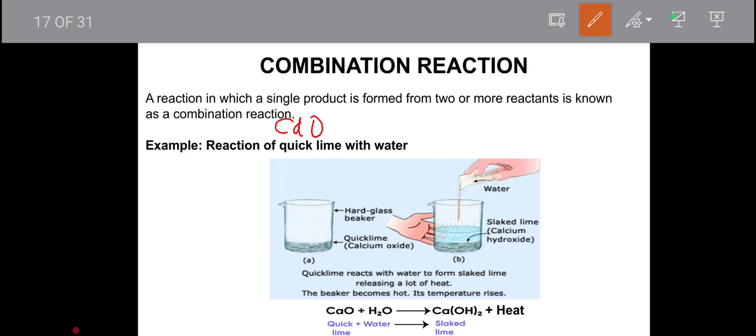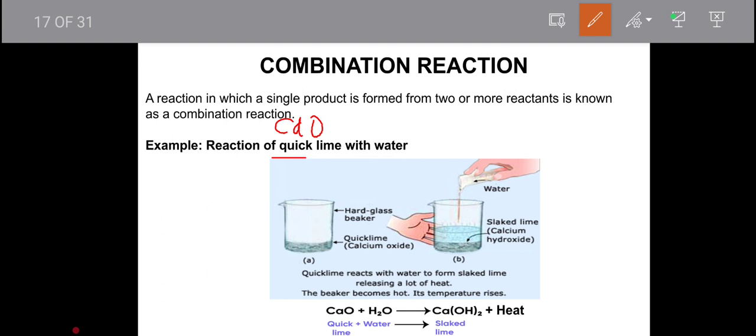So this calcium oxide, we are making it react with water. What we will do in this experiment is we will take a beaker, we will be adding water. To the water, we will be adding calcium oxide. Once we are doing this experiment, what we can see is this calcium oxide reacts vigorously with water. Vigorously means it is a very fast reaction.